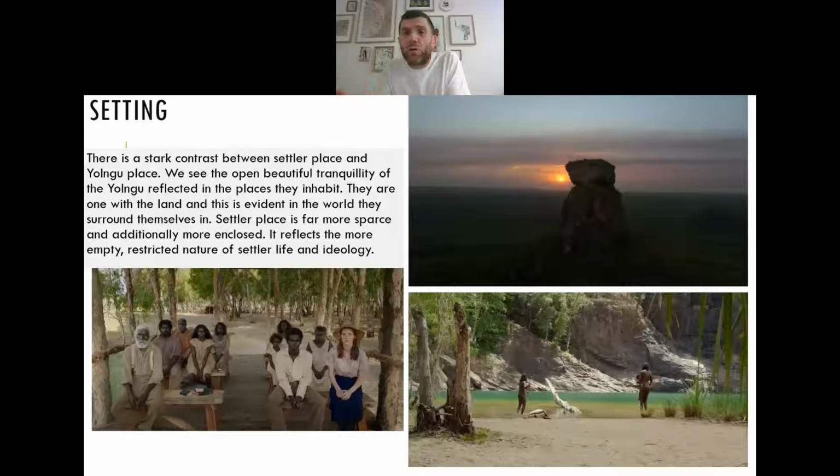When we see the beautiful waterhole in the second image there, it's kind of the opposite of that. There's a lot more freedom. There's a lot more liberation. There's a lot more ability of the characters and of the actors within that scene to actually be free and to actually express themselves. So we can see a stark contrast between how these scenes are put together, settler and indigenous, and the way that they function for the characters and the way that they function to create meaning.